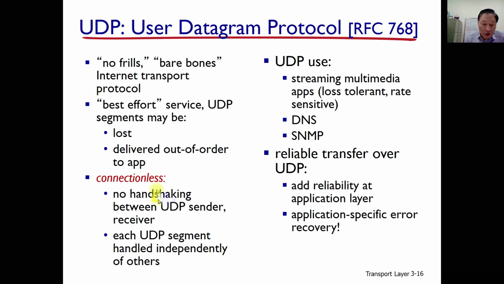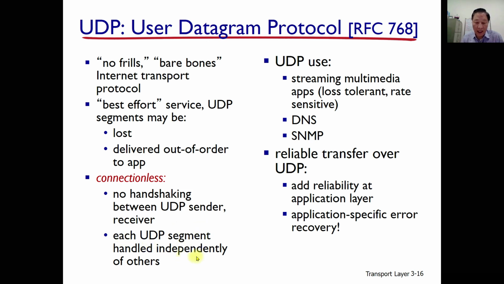Connectionless. UDP is connectionless. That means no handshaking, no connection setup between UDP sender and receiver. Each segment is handled independently of others. There's one packet, and even though those are continuous ones, they may be delivered in a different order.